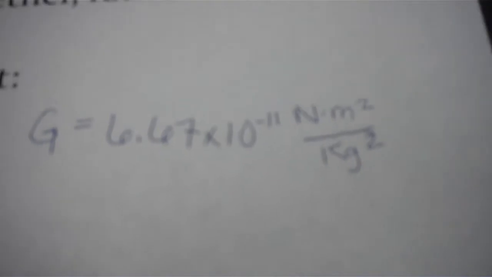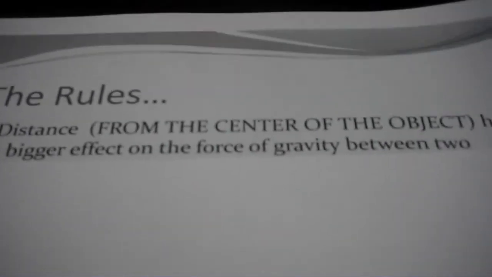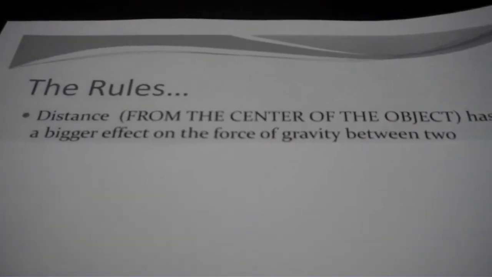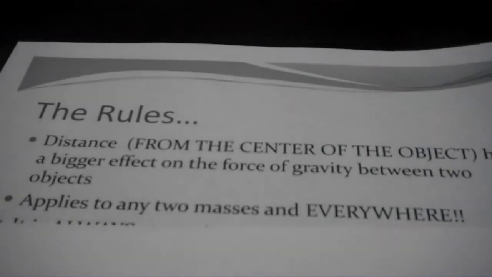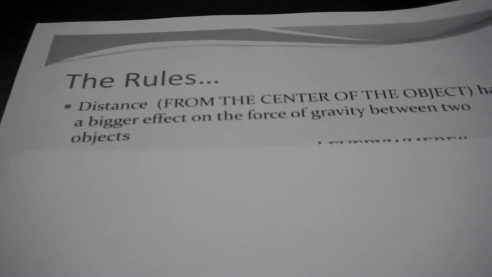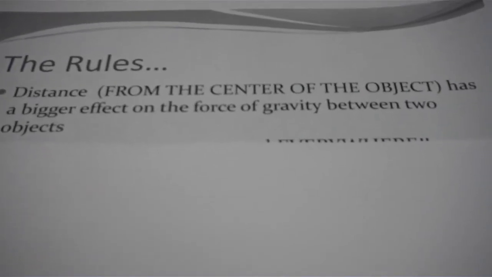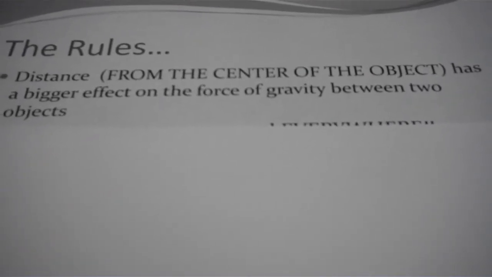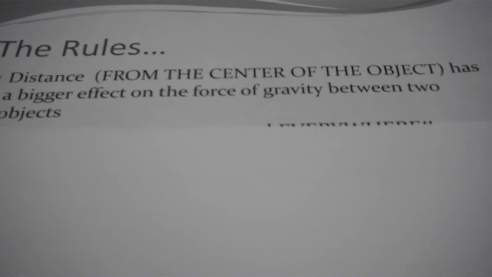So what are the rules involving universal gravitation? Well, distance from the center of the object has a bigger effect on the force of gravity between two objects. You're going to want to write this down because you might see it on a test soon. When we talk about masses, we talk about masses from their center.